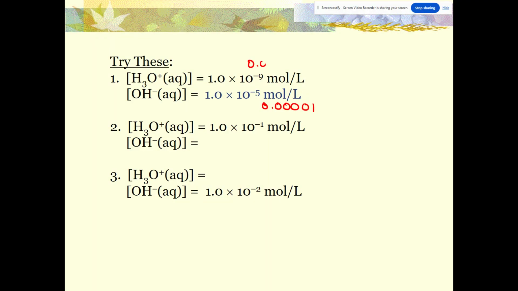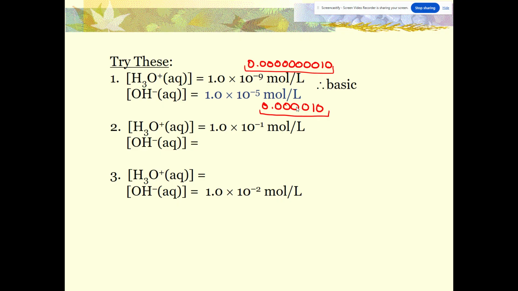This is 0.000000001, 1, 2, 3, 4, 5, 6, 7, 8. Those negative exponents tell us how many places to move the decimal. So the lower the negative exponent, the greater the concentration. So the concentration of the hydroxide ions is greater.